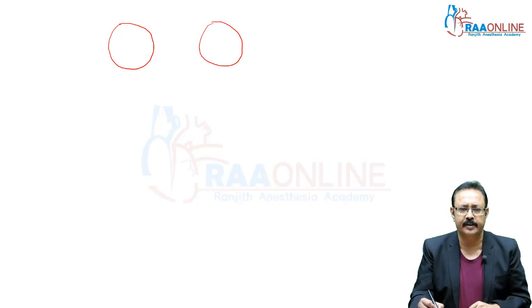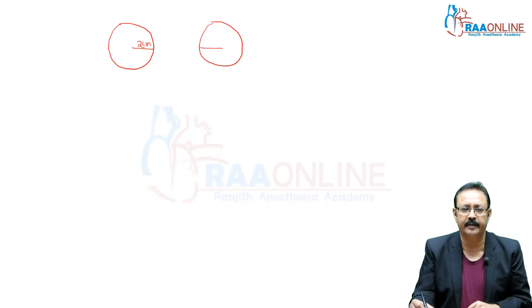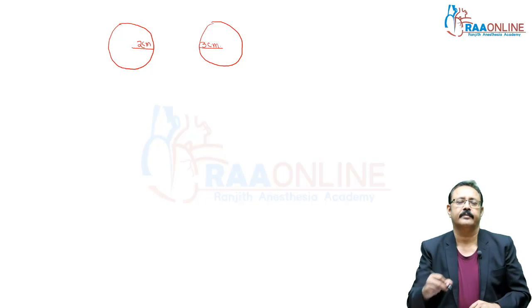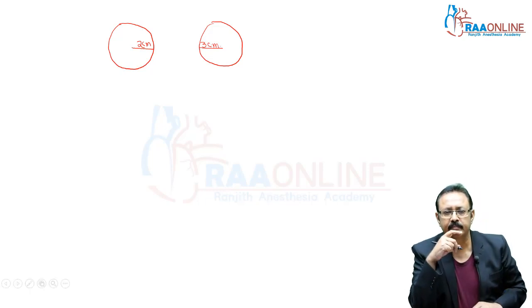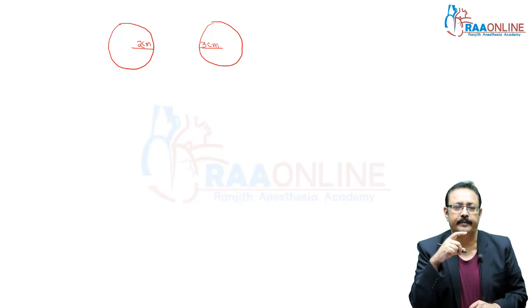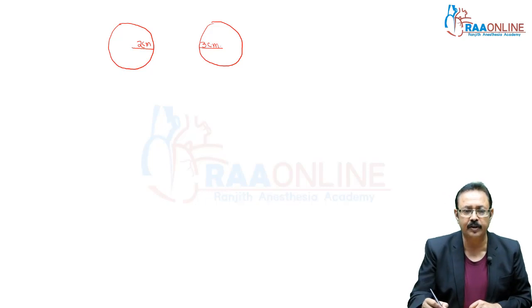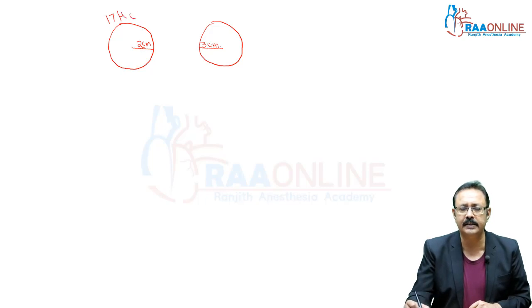One of radius, suppose 2 centimeter, and radius of second conductor is 3 centimeter. What will happen if charge on this conductor was 17 microcoulomb and charge on this conductor was 8 microcoulomb?